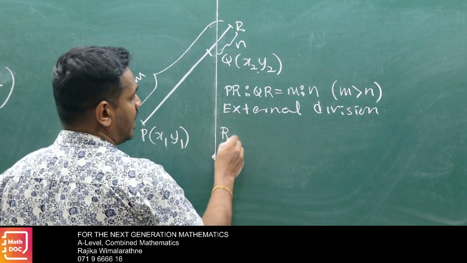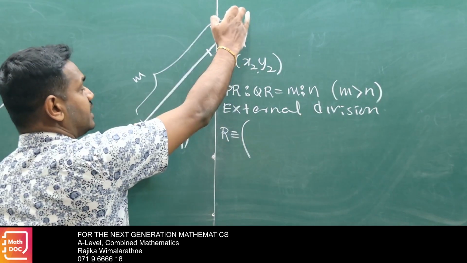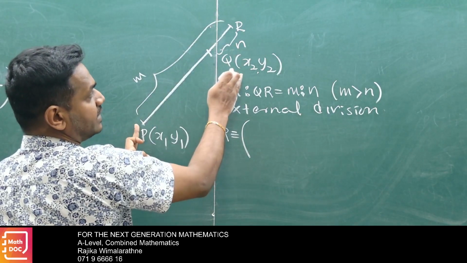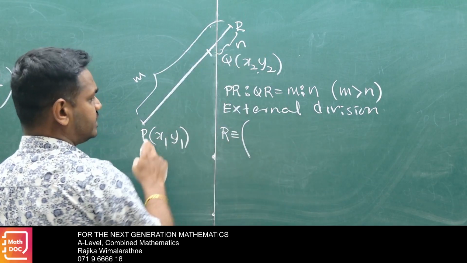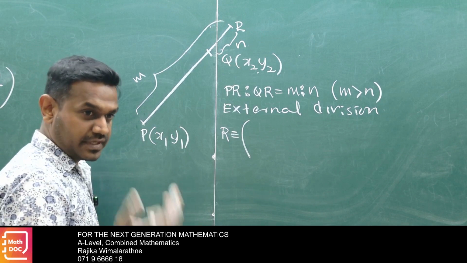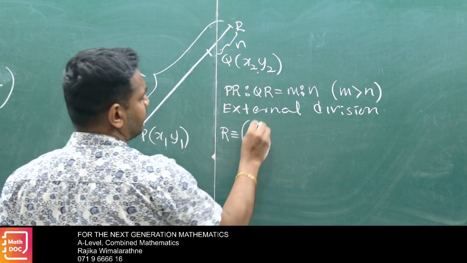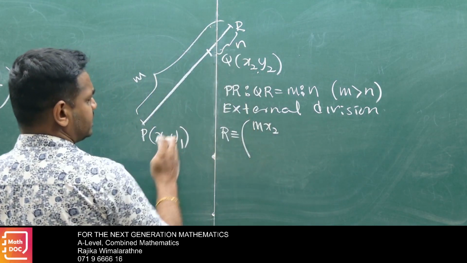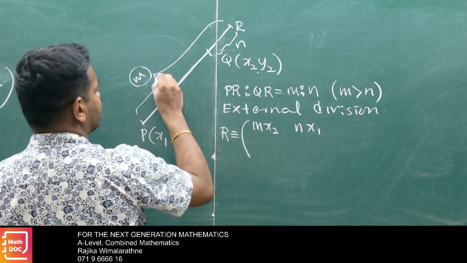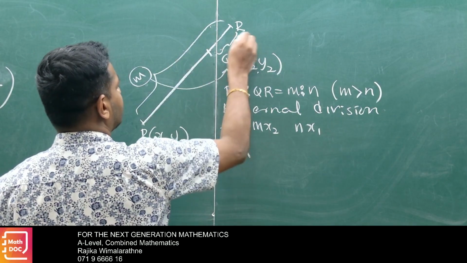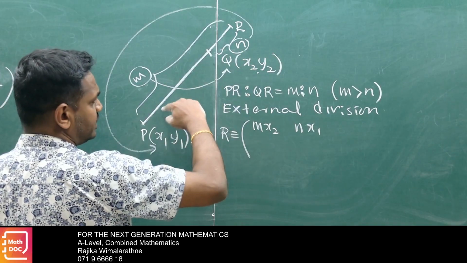Now see the R point, external division, you do it this way. M is directly connected with P and R, no? Then the non-related one here. N is connected with Q and R, here the non-related one. Then like the previous format, you multiply M with the non-related one, M x2, and N with the non-related one, N x1.